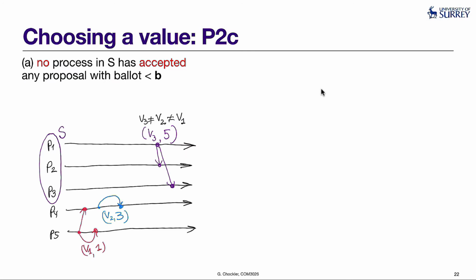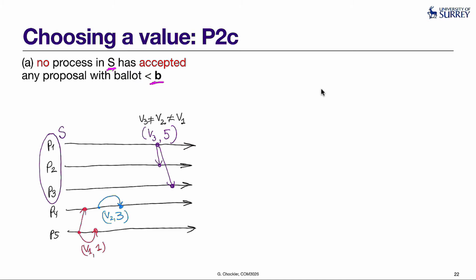Okay, so we have no process in a quorum S has accepted any proposal with ballot less than B, and B is the current ballot of a leader. Okay, so here's the illustration.